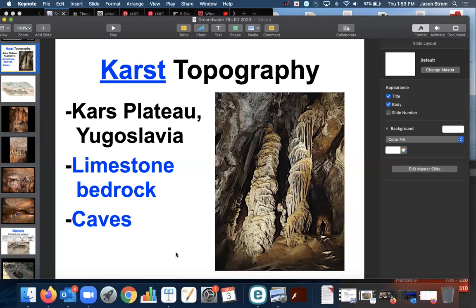Remember when we talked about chemical weathering, we talked about the formation of carbonic acid. Raindrops fall through the atmosphere. Those raindrops come into contact with molecules of carbon dioxide. Molecules of carbon dioxide go into the raindrops, and that becomes carbonic acid, which is a weak acid.